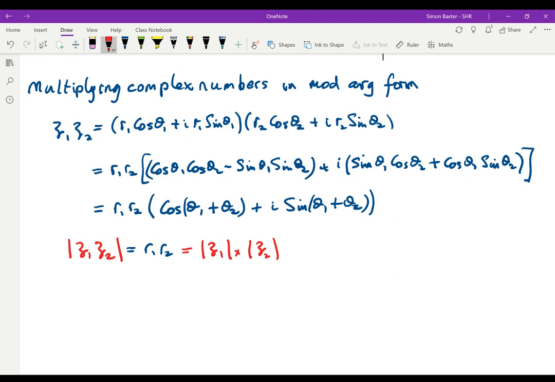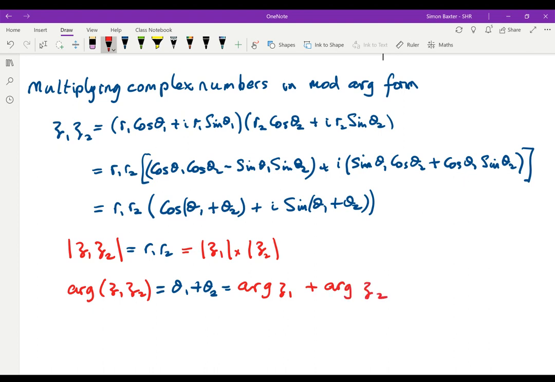And also we've got that arg of z1 z2 is, here it is, the argument is theta 1 plus theta 2, and that is equal to the argument of z1 plus the argument of z2.